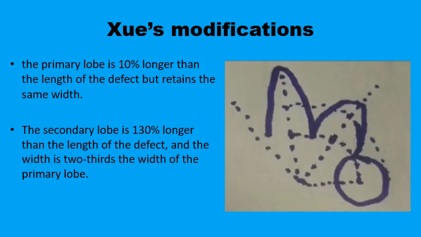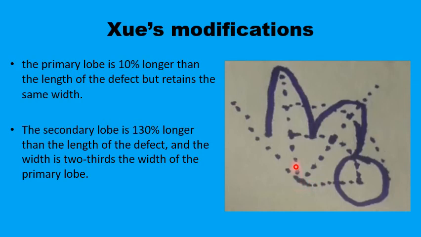A further modification to Zitelli's design was then proposed. You still extend a line from the center of the defect to the outside, and this line would measure twice the radius of the defect. It would be equal to almost the diameter of the defect.